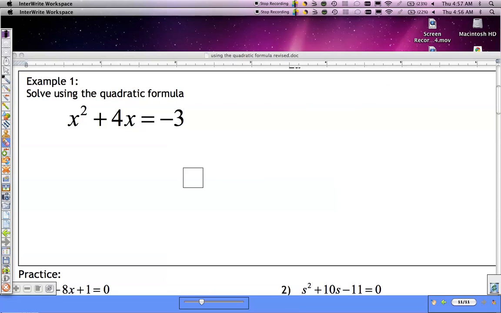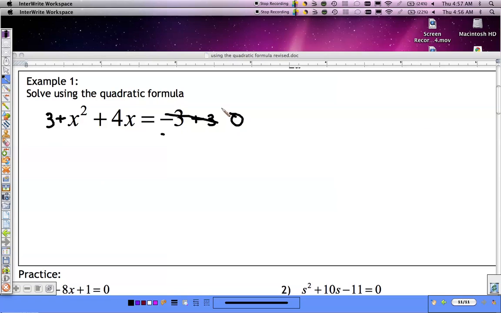You'll notice that's not in standard quadratic form. It doesn't have a 0 on the right side of the equals. So I need to put it in standard quadratic form before I do anything. So for that, I would want to add 3 to both sides. And the negative 3 and the 3 on the right hand side will add up to 0.